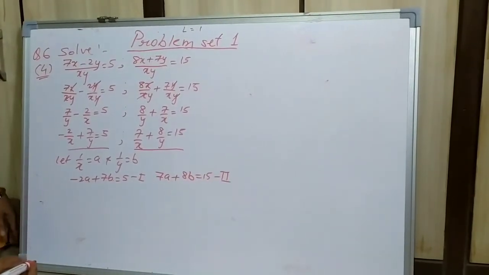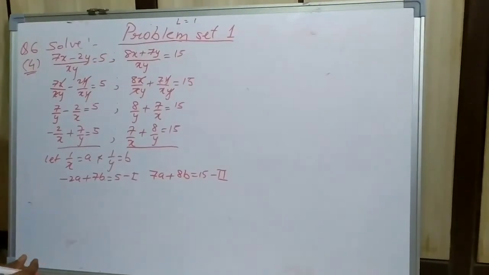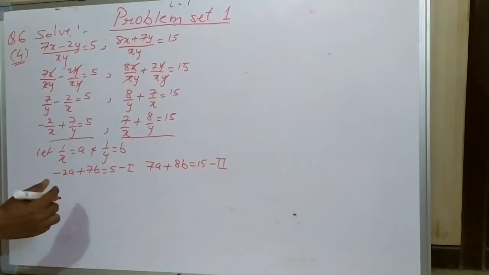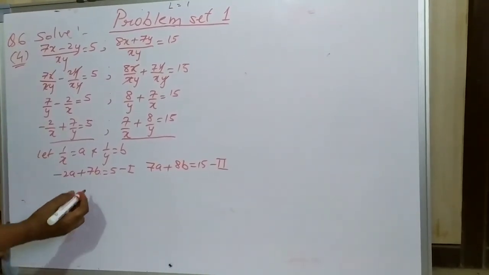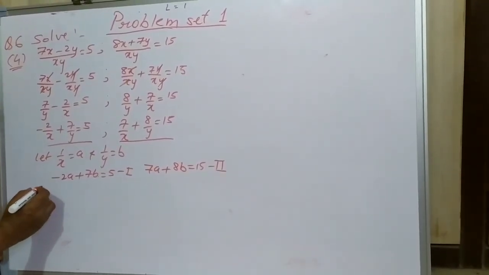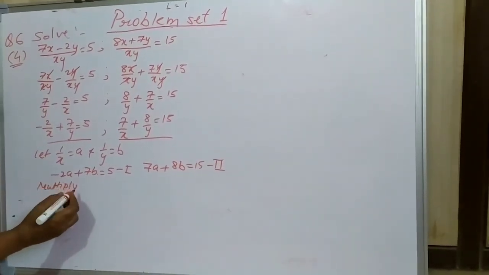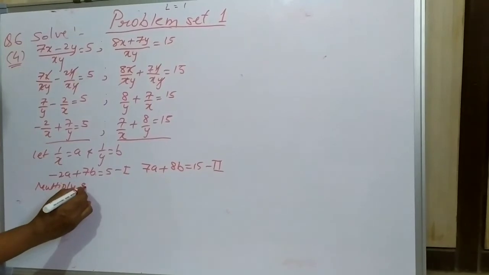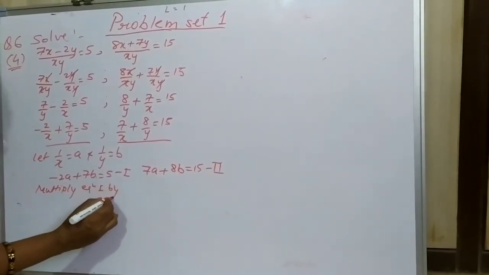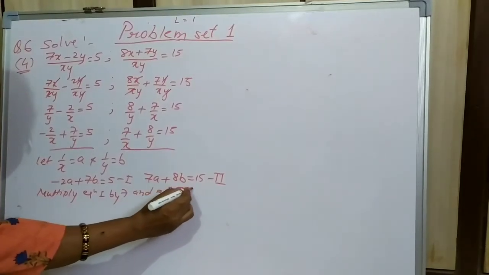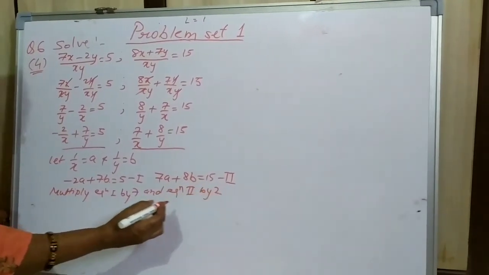Now observe these two equations. You can solve this by any method, by substitution or by equating the coefficients. We will solve by the equating the coefficient method. To eliminate a, multiply equation 1 by 7 and equation 2 by 2.